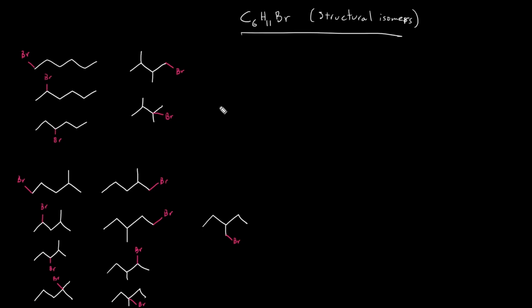And then if we used 3 carbons, let's see if we can do something with that. That will be 3. And then we could do 4, 5. I don't think we have this one yet. So 1, 2, 3, 4, 5, 6. So 1, 2, 3, 4 with 2 methyls on the same one. And yeah, so we don't have this one yet. Now we can play around with this one.